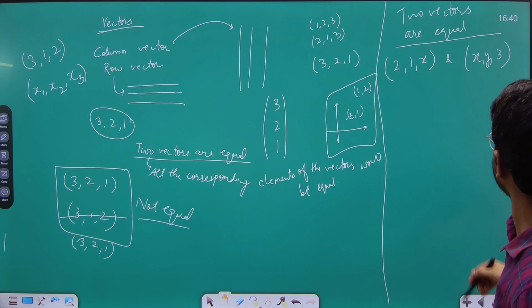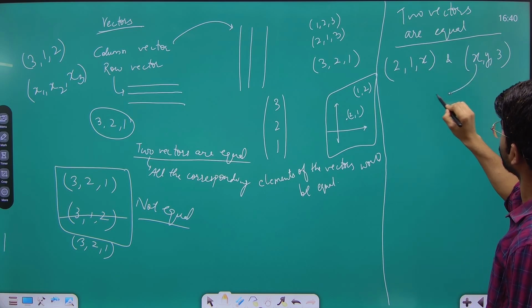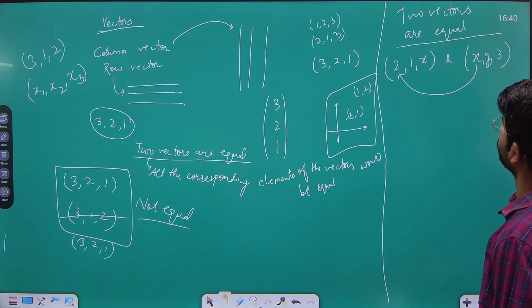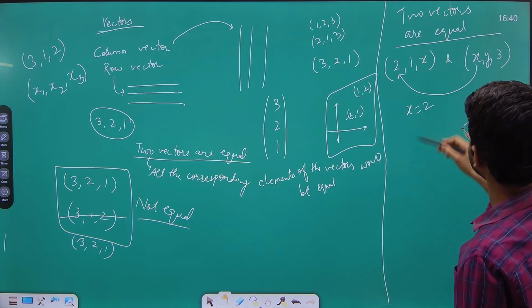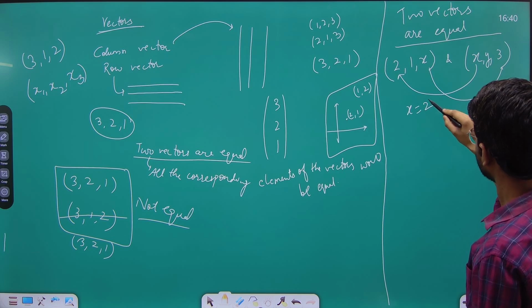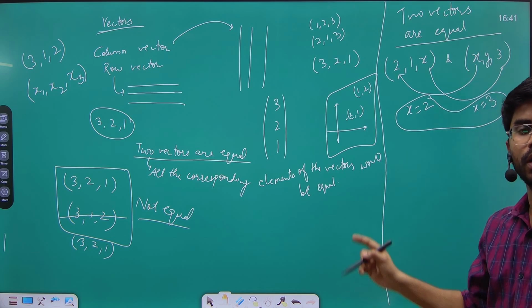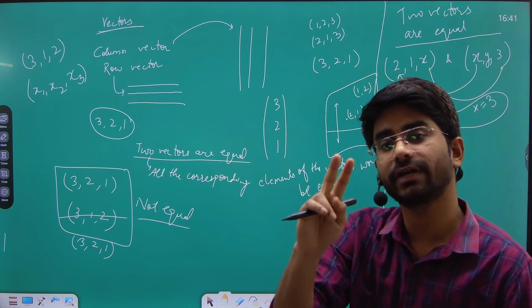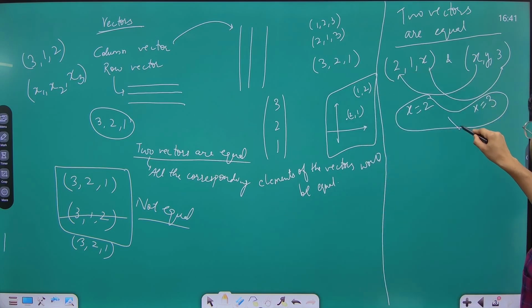So you will find that if you take the value of x from the first element of the two vectors, you get x equal to 2. But if you compare the third elements, you get x equal to 3. Since x should denote the same value, but here you are getting two different values, 2 and 3, that means these two vectors are not equal.